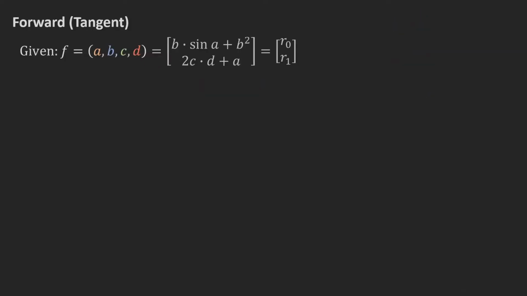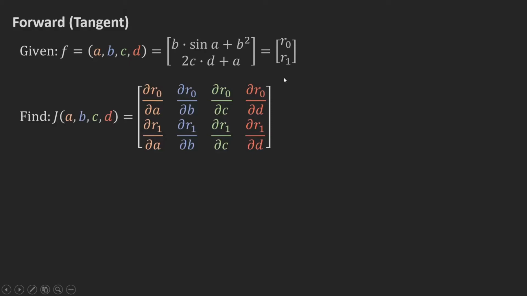To get a better idea of which mode to use in what kind of situation, let's take a step further to see how these two modes work for a function with higher dimension of input and output. Now we upgrade the function f to have 4 scalar input and 2 scalar output. So what do we do to find the Jacobian matrix using the forward mode?